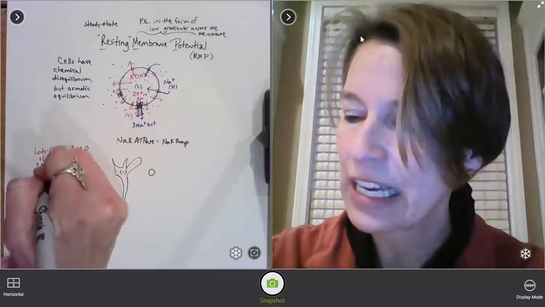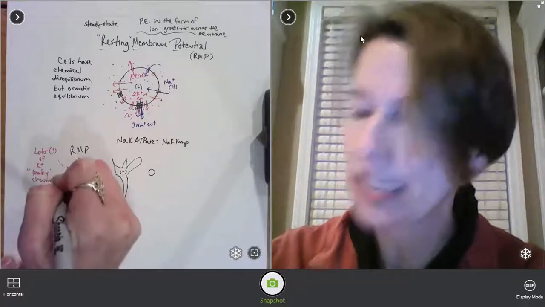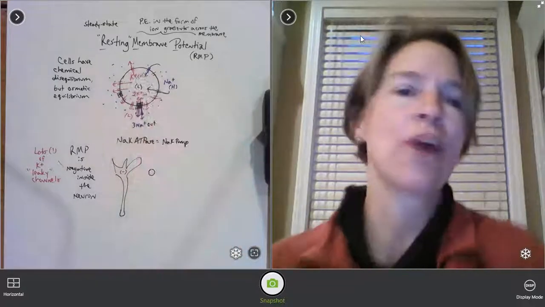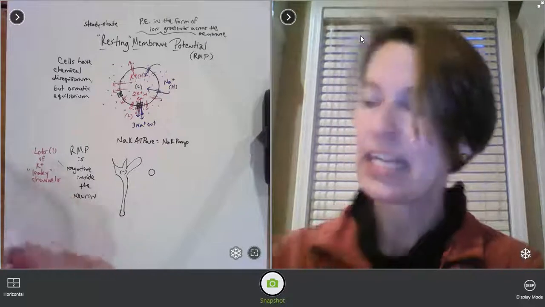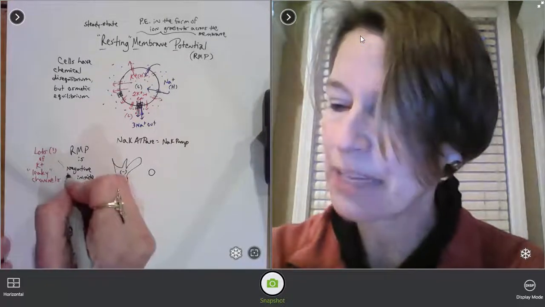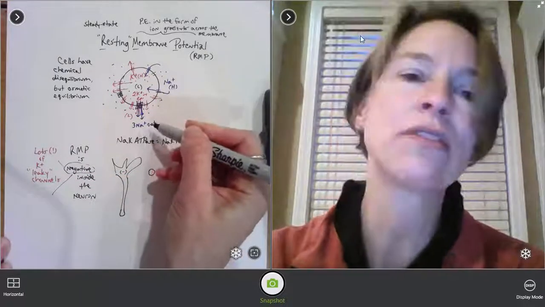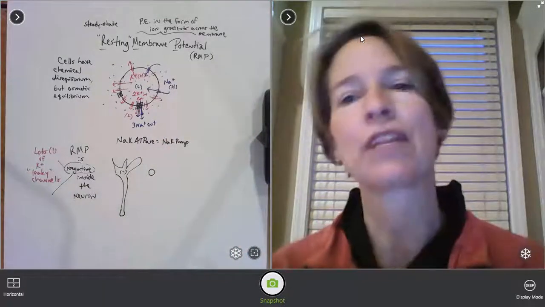These are called leaky channels, which means they're always open. So your generic cell has these channels, they're always open. And the other reason why it's negative inside the neuron is because of the sodium-potassium pump. The sodium-potassium pump is going to be 3 positives out for 2 positives in every time it works, which means more positives are leaving than coming in.